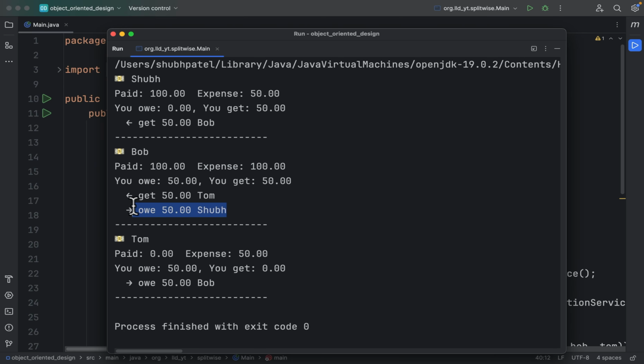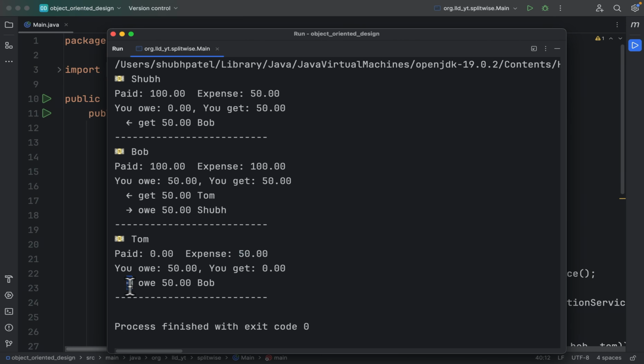And here it is clearly mentioned that Bob will be getting $50 from Tom, and Bob has to give $50 to me. Okay. And in Tom's balance sheet, the total amount paid by Tom is shown as 0 because Tom has never paid anything till now since the group was created. And the expense of Tom is $50 because of lunch day two.